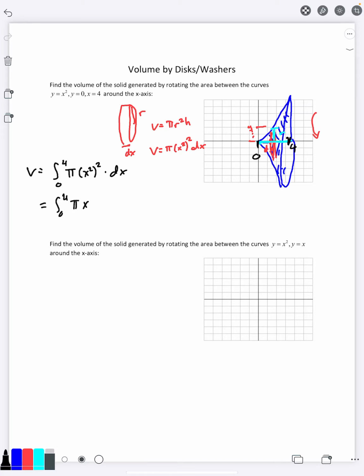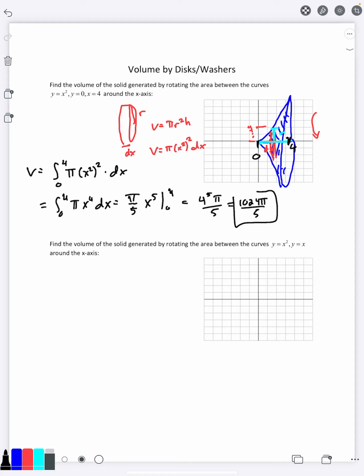That's going to be pi x to the 4th, which is going to be pi over 5 times x to the 5th, from 0 to 4. And that's 4 to the 5th pi over 5, and what is 4 to the 5th? Looks like that's 1024 pi over 5. So that would be the volume of this kind of horn shape here.